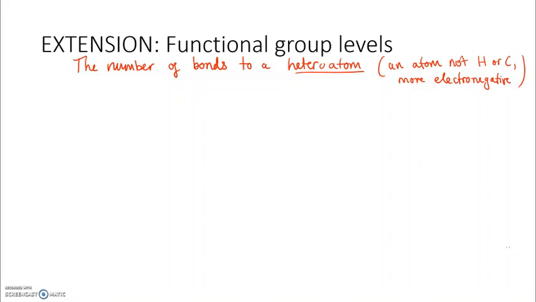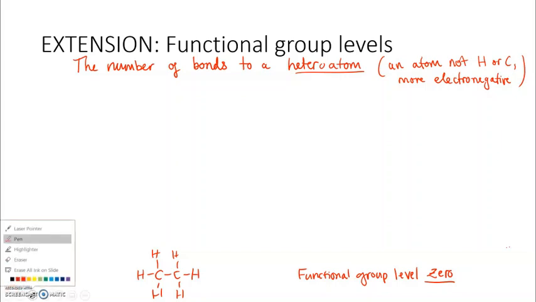So if we started off with, say, an alkane, here we have no heteroatoms, and so we would say that the carbons within the alkane are on a functional group level of 0. Okay, which corresponds to the lowest oxidation level.